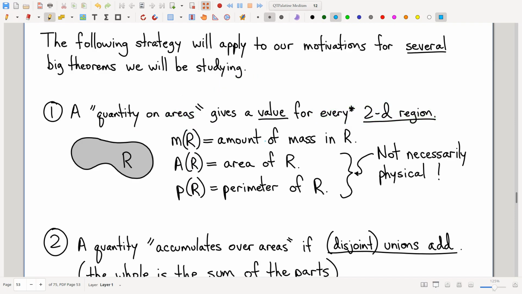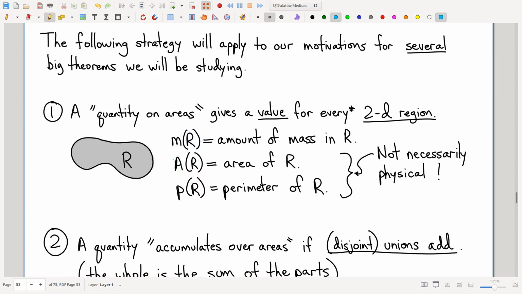So an easy example is mass. You give me a region, I can say, okay, here's how much mass is in that region. Bigger region, more mass. Littler region, less mass, probably. Depends on the density, right?